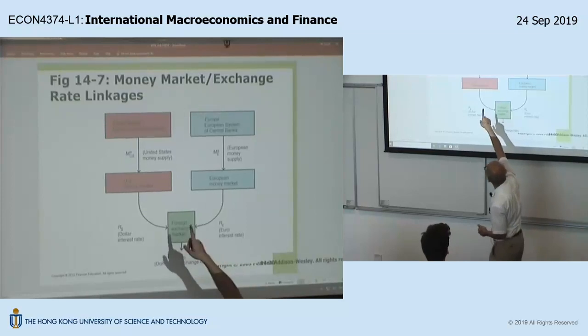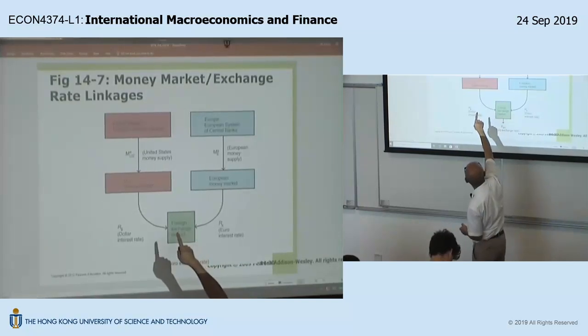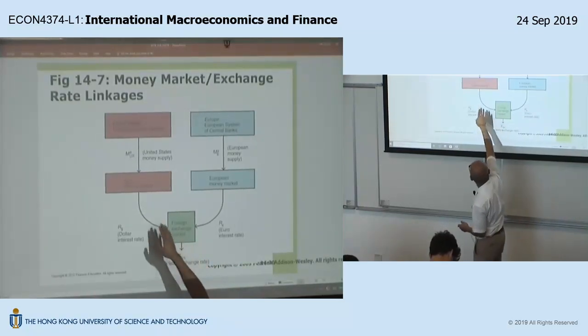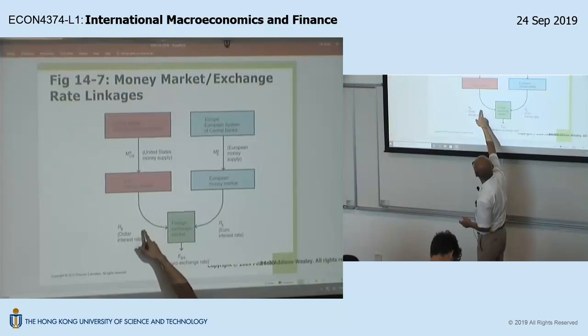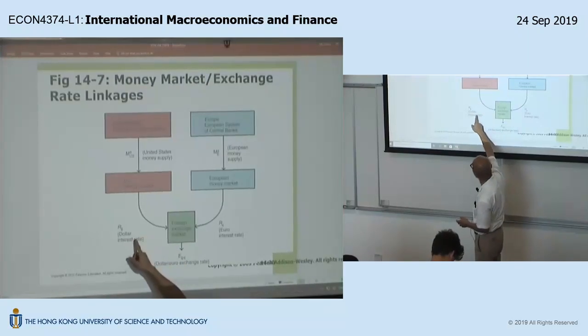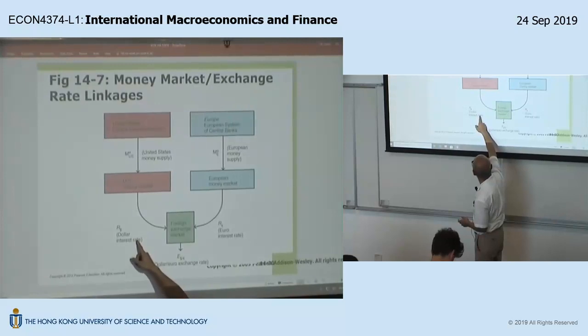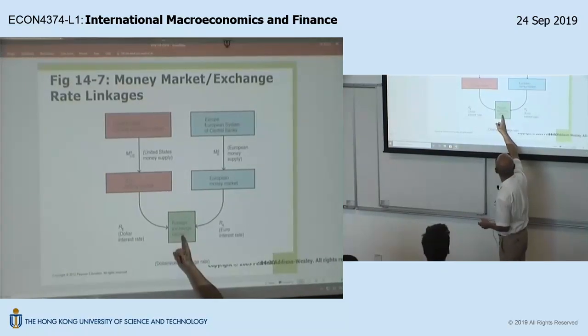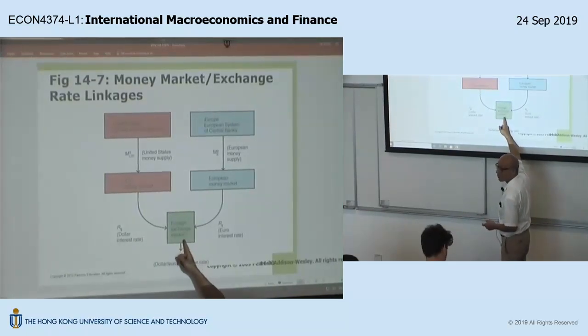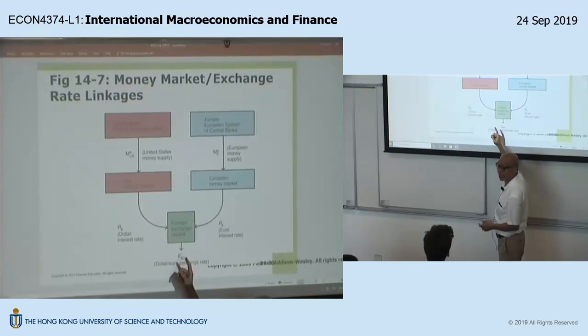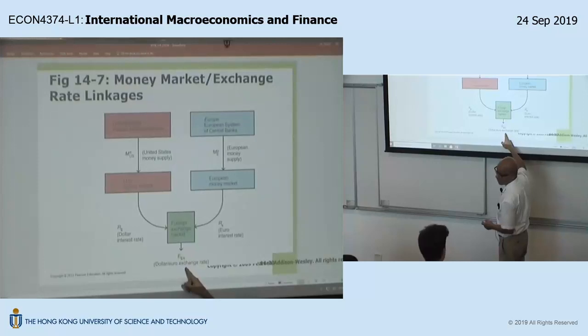So let's say the U.S. money supply changes. It's going to affect the U.S. money market by affecting the U.S. interest rate. Okay, and this will, through what? Through the uncovered interest parity condition, it's going to affect the exchange rate.